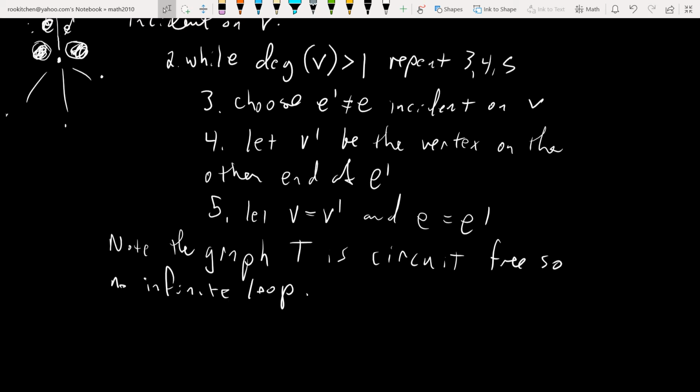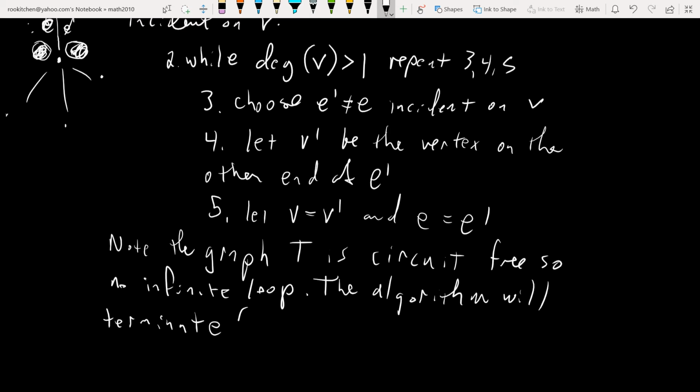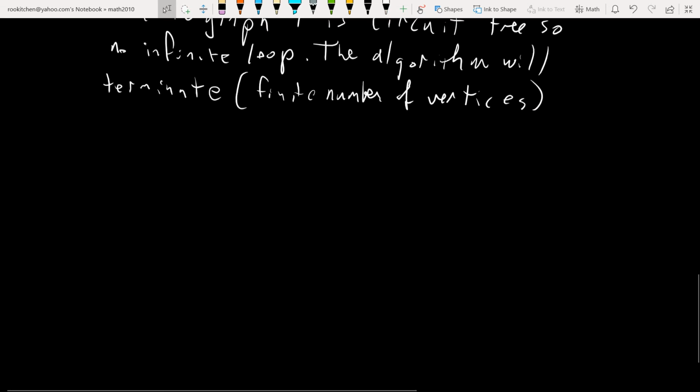And it's not going to go on forever, because the graphs we're dealing with have a finite number of vertices. So the algorithm will terminate, or halt, because there's a finite number of vertices. So anyways, there's that.